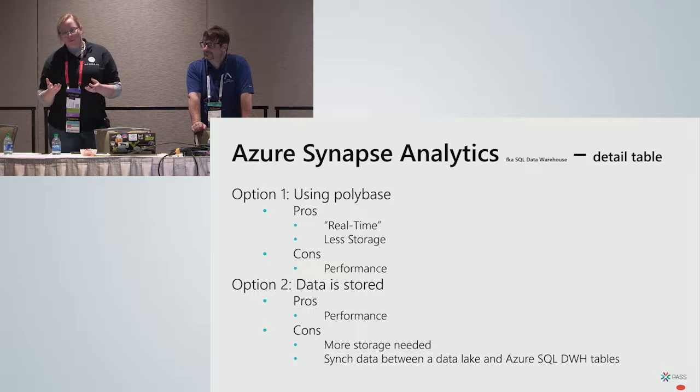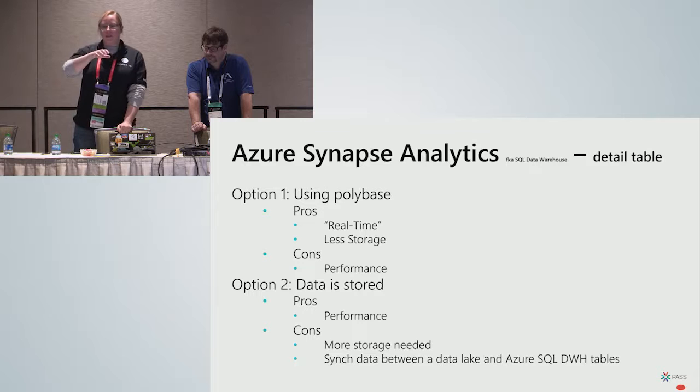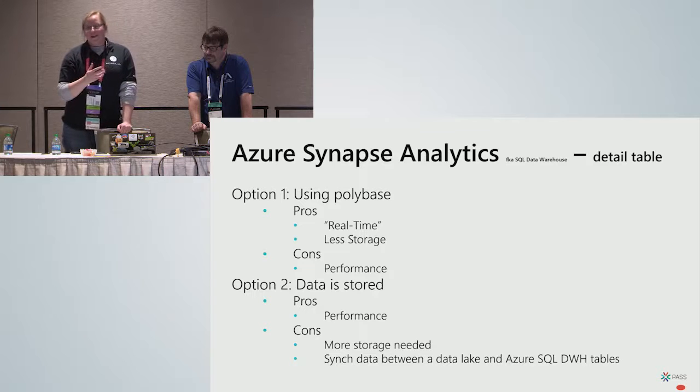But you have to keep in mind that you're using this as a direct query data source from Power BI, which means a Power BI DAX query would be translated into T-SQL, running against Azure SQL DW, being translated into whatever you need to get the data from the original storage, which, of course, takes some time.